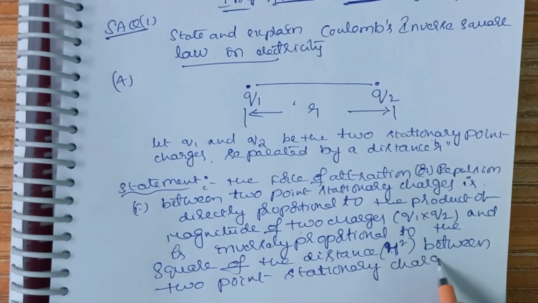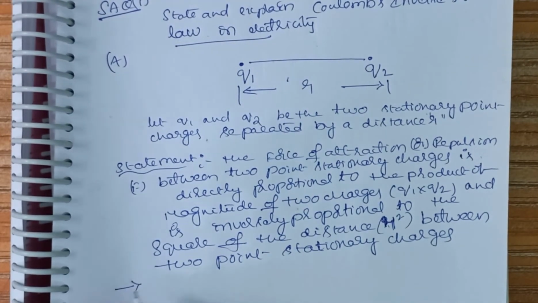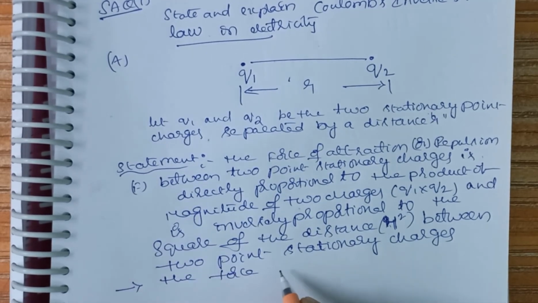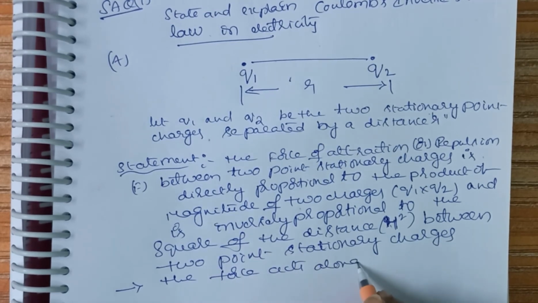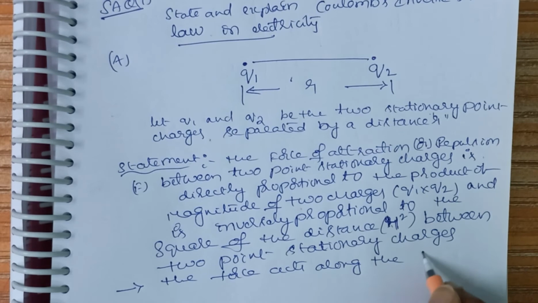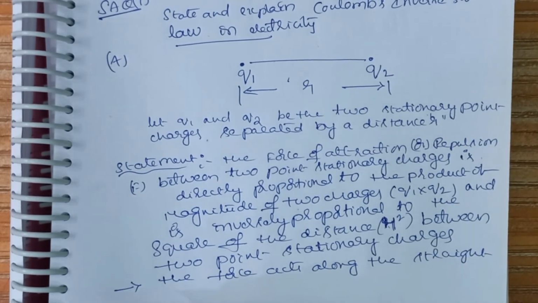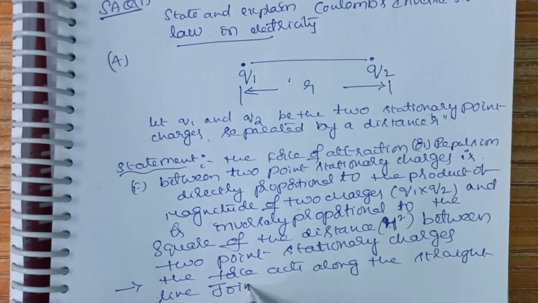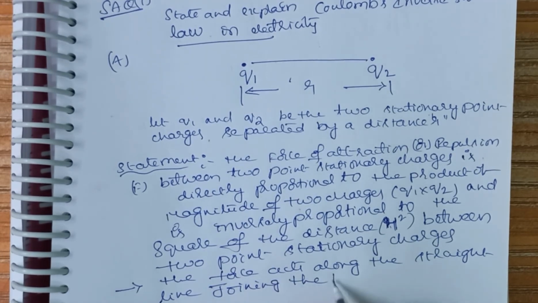This is the statement for Coulomb's inverse square law. Now the force acts along the straight line joining the two charges.